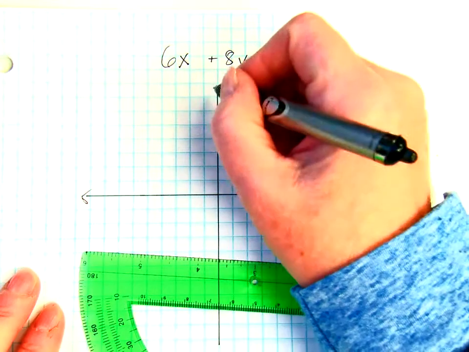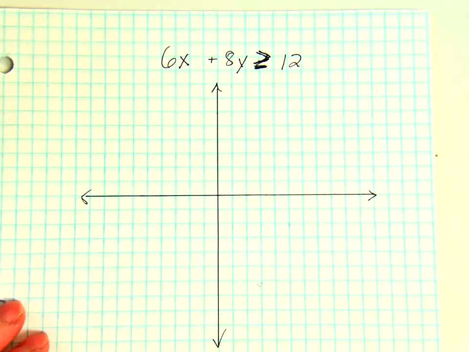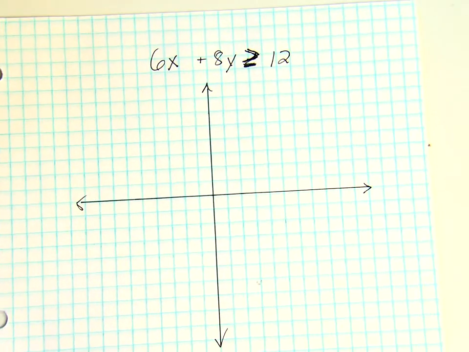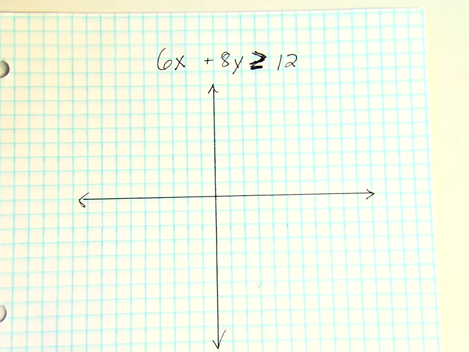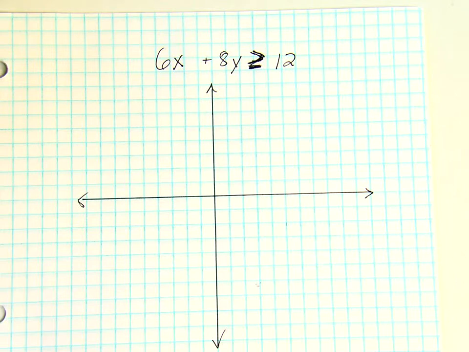There's a couple of things that I just kind of think about first because it makes it a lot easier. Because I'm in standard form, I'm going to go ahead and do this, well, I don't know. Do I want to do it that way? No, I'm going to rewrite it in slope-intercept form.